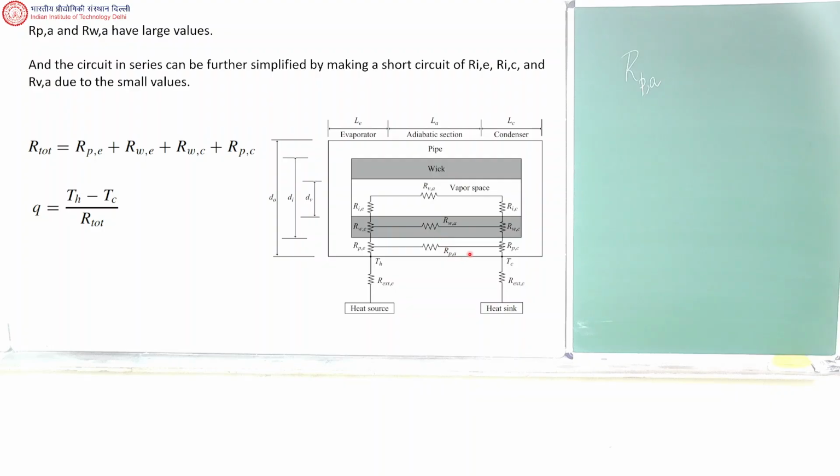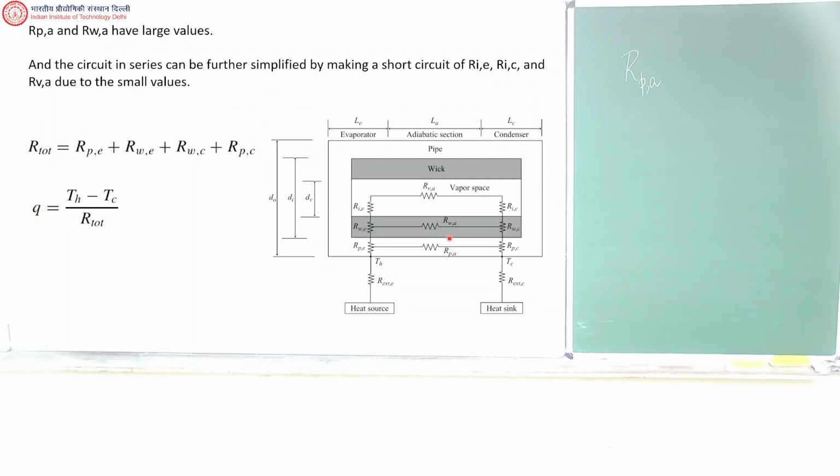P for pipe, A for axial resistance. So we have RPA. Now that RPA turns out to be large. RWA also turns out to be large. RWA is the axial resistance in the wick.